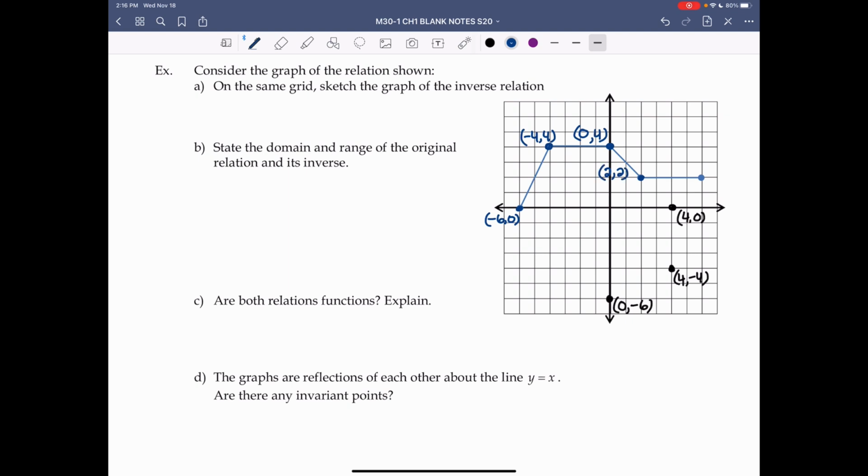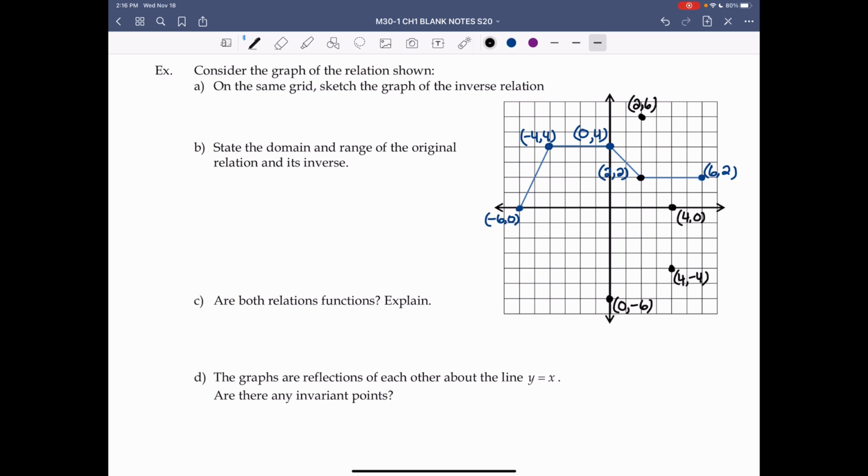Switch the x and the y, we still get (2, 2). So we'll have a point there for the inverse relation as well. And last point is (2, 6). Switch the x and the y, we get (6, 2). That's on the inverse relation.